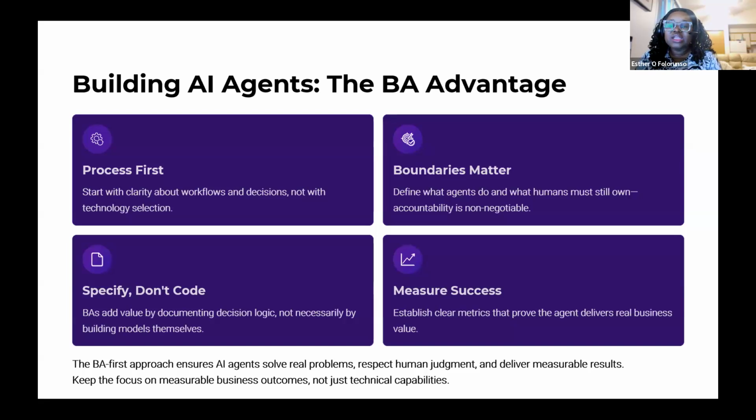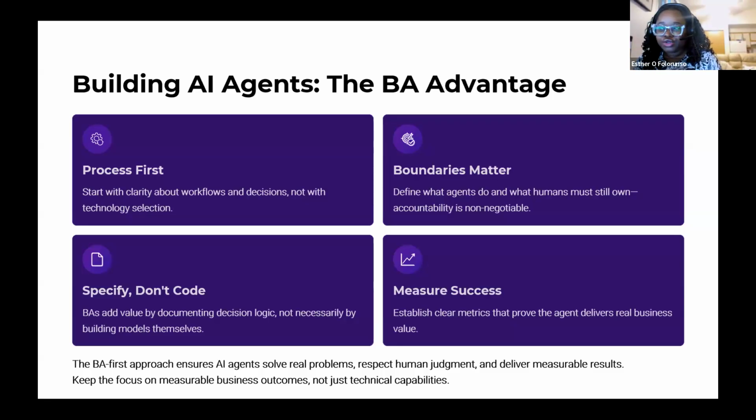You are starting with clarity about the workflows and about the decisions, not necessarily with selecting technology. Technology follows later, if you want to go through a vendor selection process. That's still later on. But if you don't decide exactly where it starts from, you start with clarity. Because if you are not clear from the onset, there's going to be a problem later on.